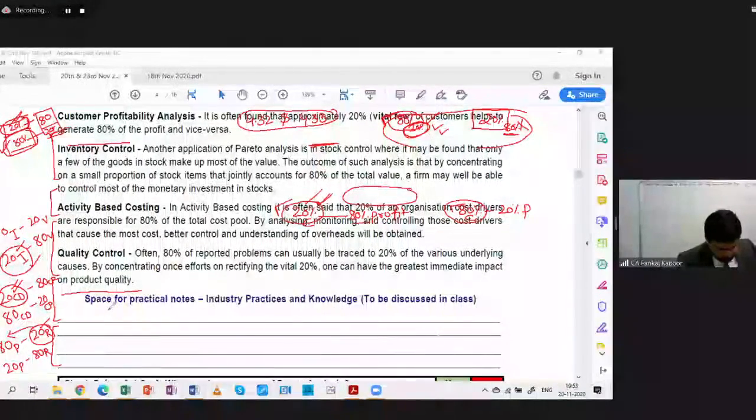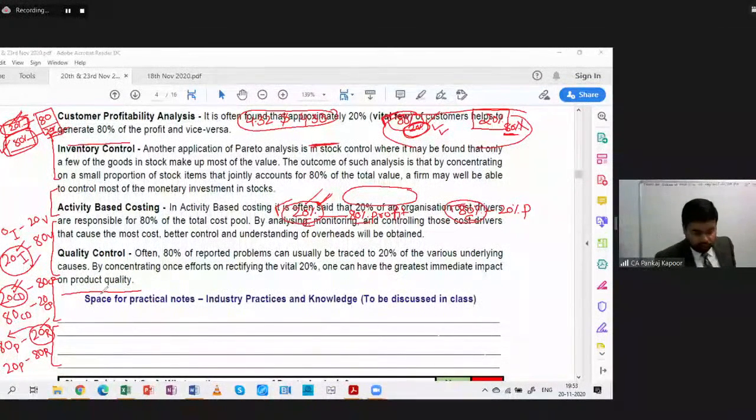Okay. So you must note these three important points. These are quite important points. Okay. I'm allowed to move. Done. Good.